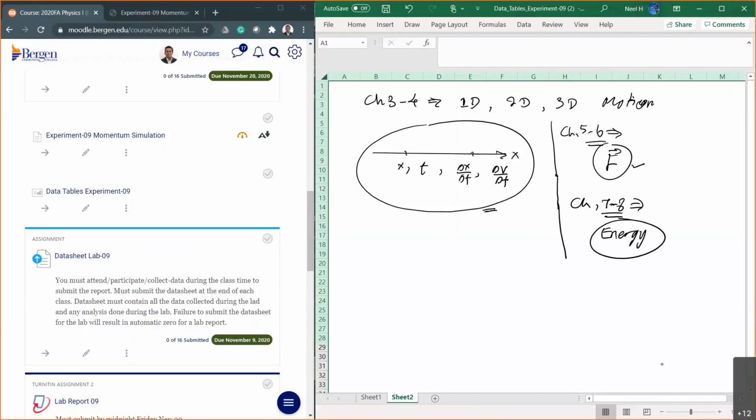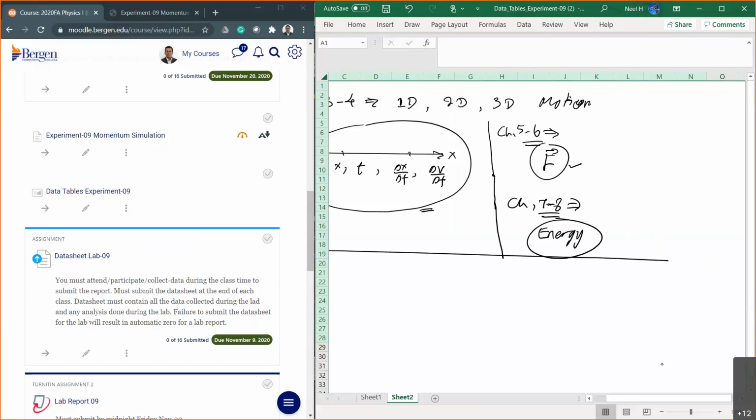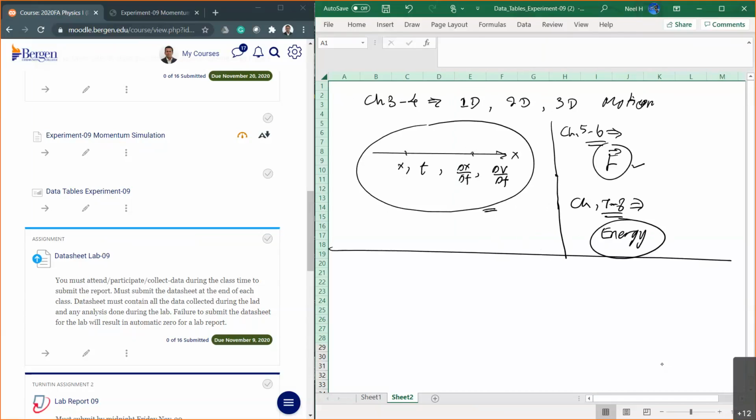Now in chapter number 9, we're trying to understand the momentum of the object. Basically, why is momentum needed? We try to understand the collision of objects in this chapter. Until now, we never talked about collision, right? In chapters 1, 3, 4, 5, 6, 7, and 8, we never talked about the collision of objects.